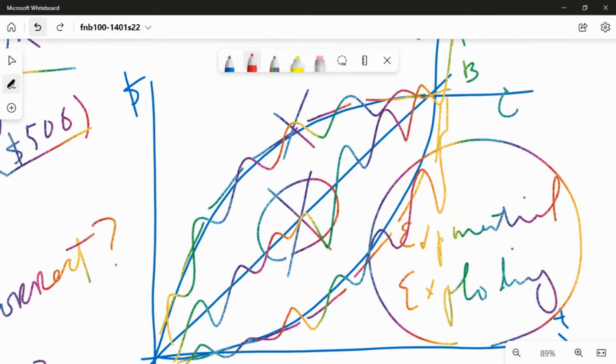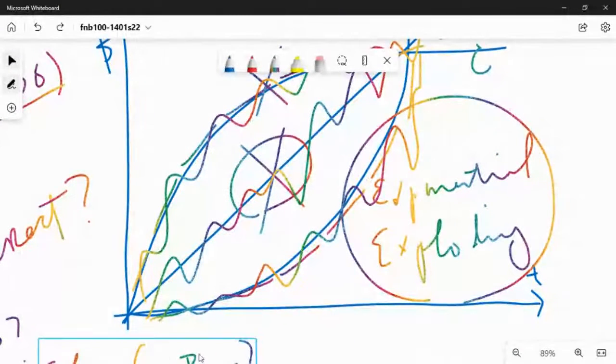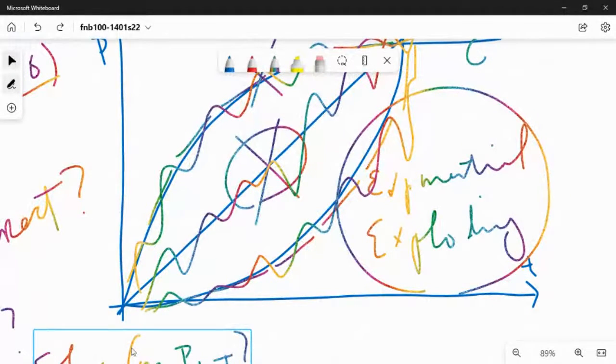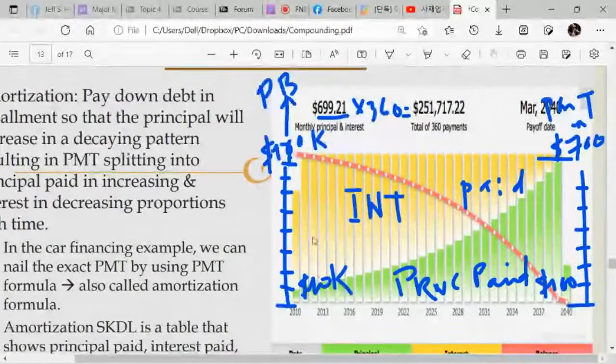Okay, so the point is, in amortization, interest declines. I mean, if you flip it, interest declines just like the way the principal declines.